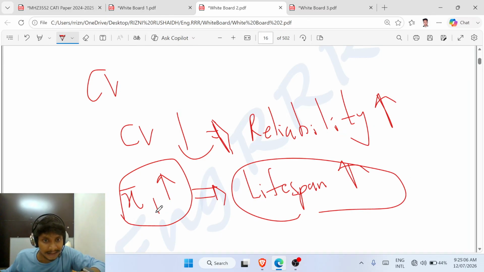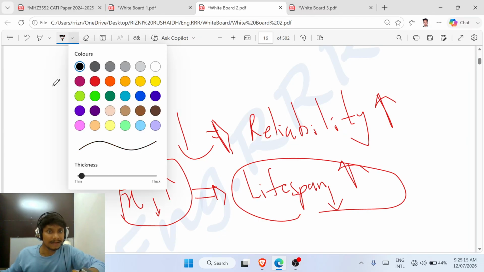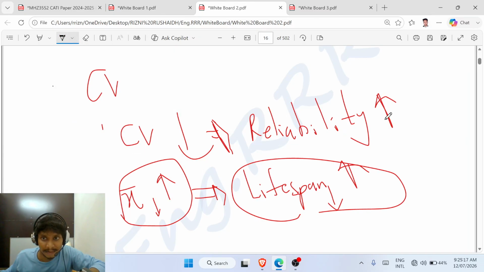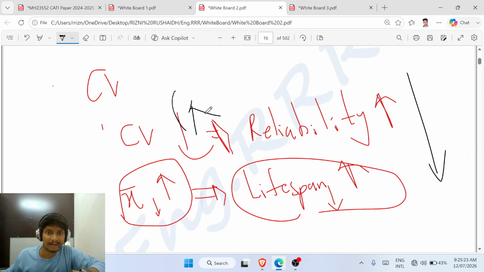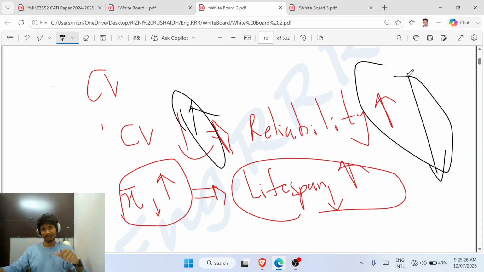If we decrease the X bar, the lifespan also will be decreased. But if we decrease the CV, the reliability will be increased, and if we increase the CV, the reliability will be decreased. Okay, opposite direction.